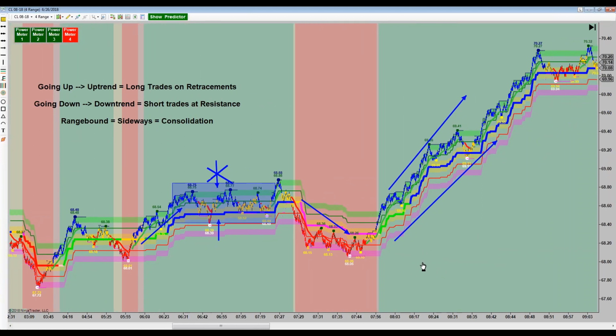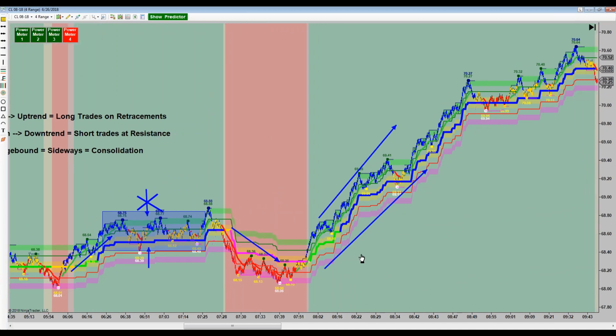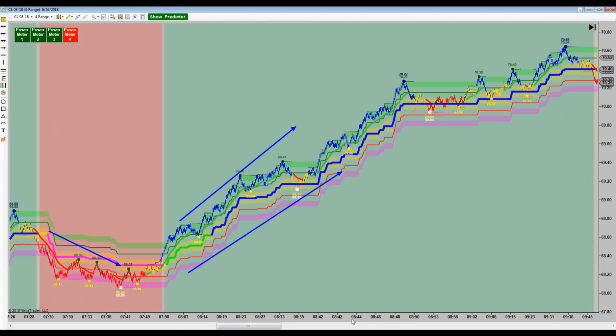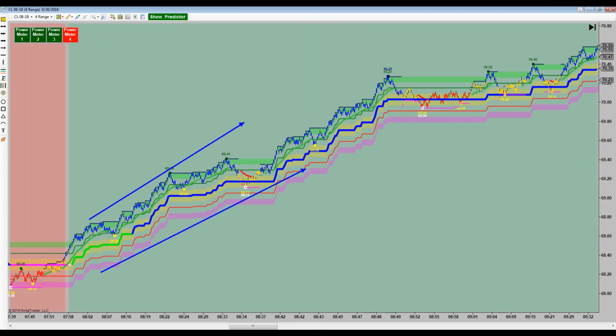I'm going to advance this chart. I'm going to ask a very simple question. I'm going to blow this up nice and big. From here, in this swath of time, just before 8 o'clock, at 7:55-ish, all the way over here to 9:30-ish, 9:32, 9:35.